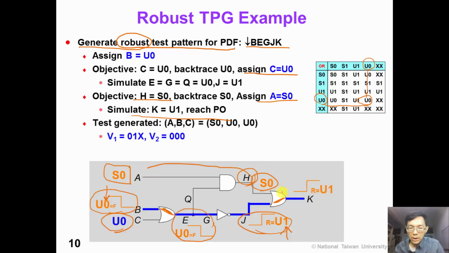Now H is static 0 and K is U1. The rising transition has reached primary output K. So we generate a test pattern which is S0, U0, U0. This is a robust test pattern because all the gates on this path are robustly sensitized.